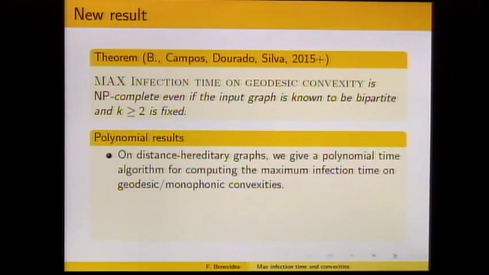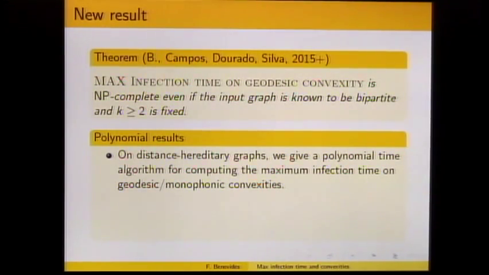The basic idea of this algorithm is to do a kind of decomposition of your graph. We pick the graph and use the so-called clique decomposition.